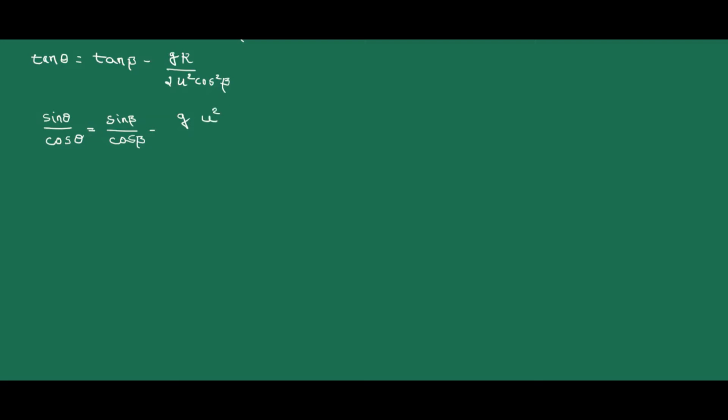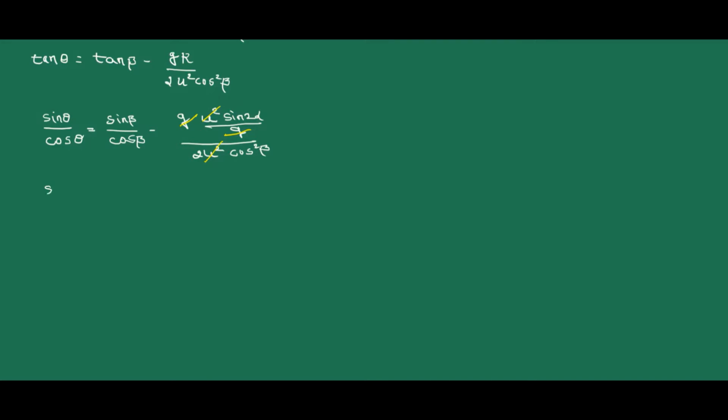u square sin 2 alpha divided by g, whole divided by 2u square cos square beta, where this g gets cancelled, u square and u square get cancelled.